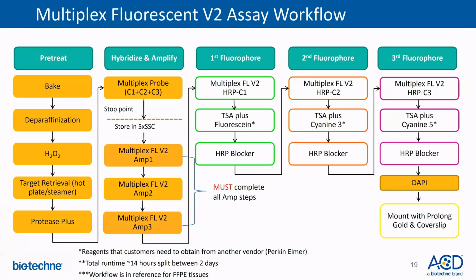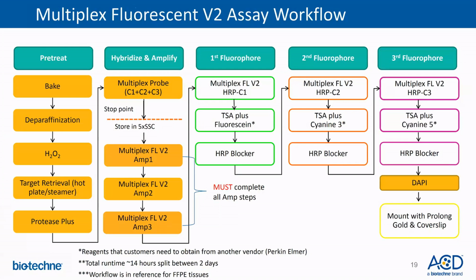Please note, irrespective of the number of targets that you're trying to probe for, all AMP1, AMP2, and AMP3 steps must be completed. Failure to do so will result in weak or no signal.